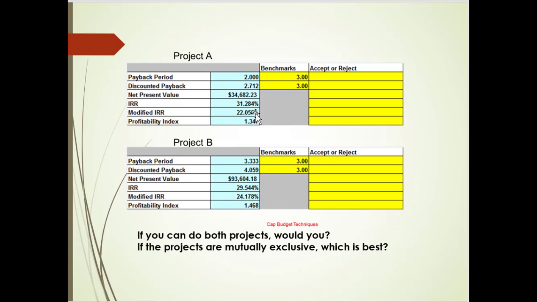Coming back to our two projects, which we mentioned earlier, net present value is higher for B than A, but the internal rate of return is higher for A than for B. So the internal rate of return says A is better, but we know that project B is better because it has the higher net present value.